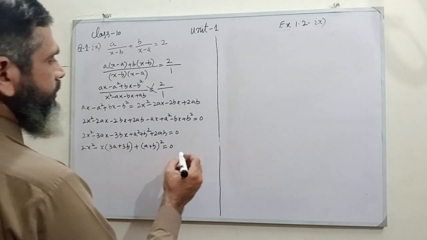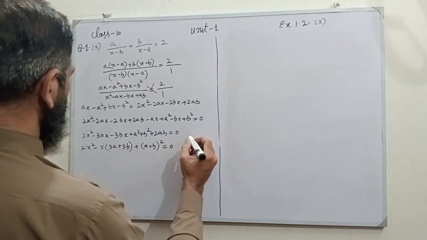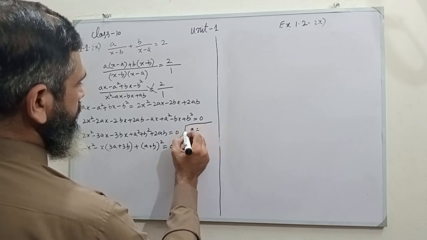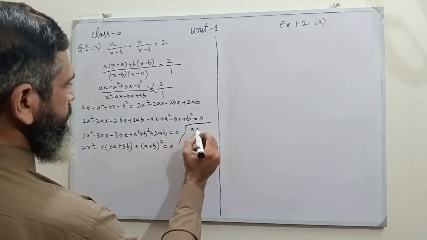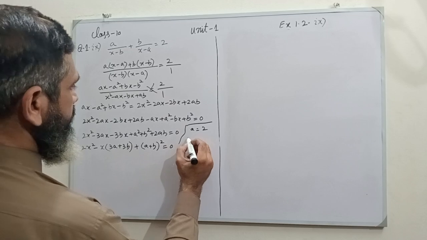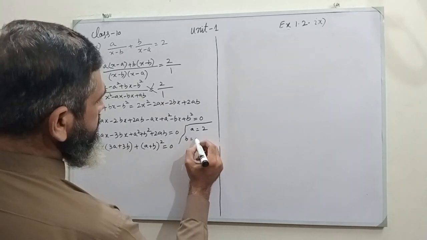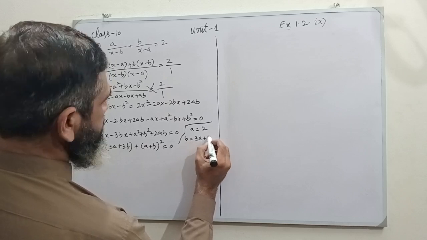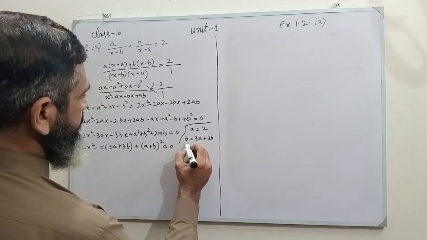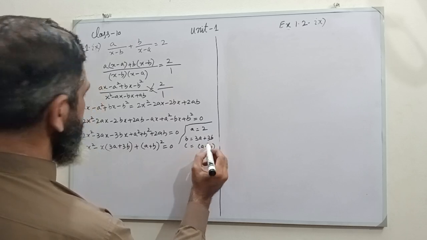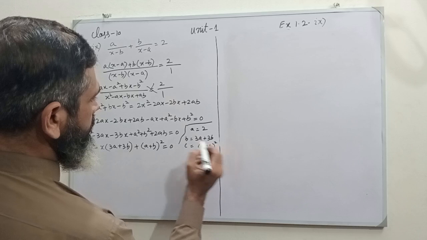Here what is the value of a? We can say that the value of a is equal to 2, and value of b is the coefficient of x. Value of b is 3a plus 3b, and value of c is equal to a plus b whole square.